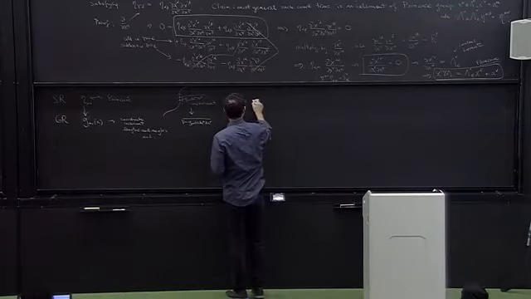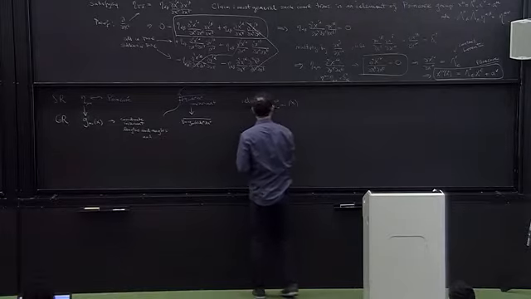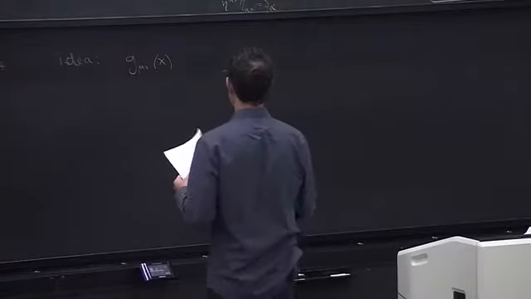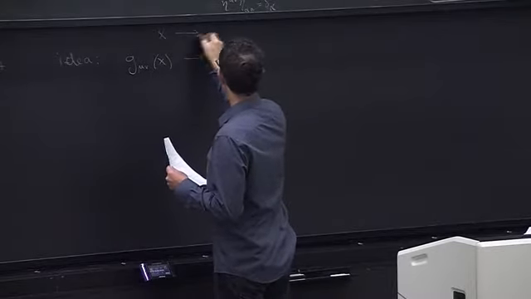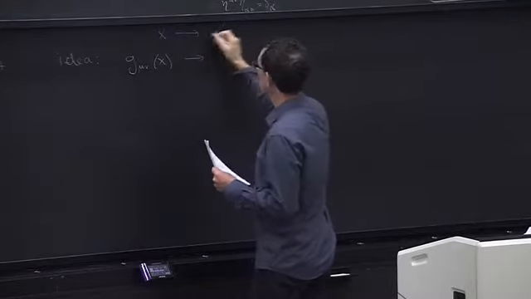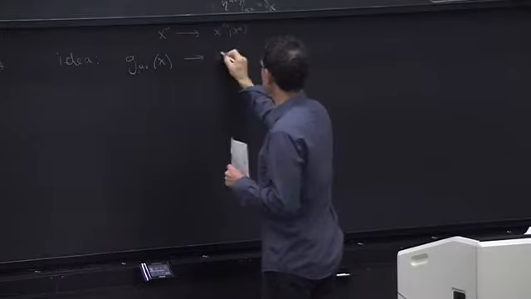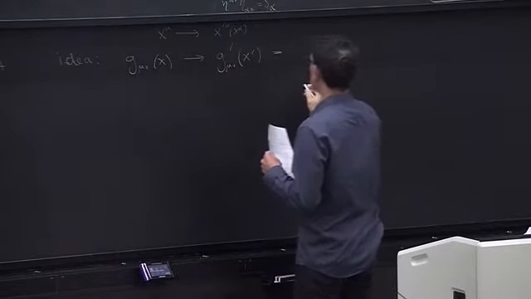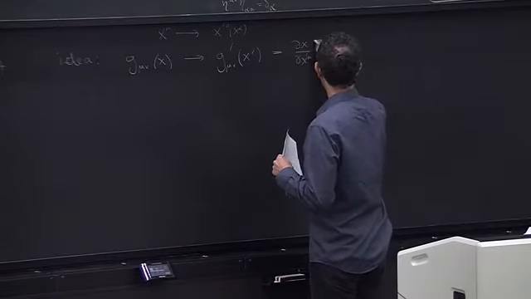The idea is that g mu nu of x, whatever this matrix function of x I have, if I change coordinates, if x goes to x prime of x, then g mu nu should go to g mu nu prime of x prime, which is equal to dx dx prime, just like the eta.